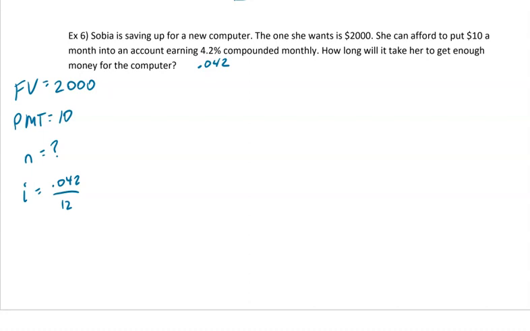All right, and again, plug this into your calculator. As long as it is a nice number, then use that nice number. It makes your life easier. In this case, it is a nice number, so 0.0035.